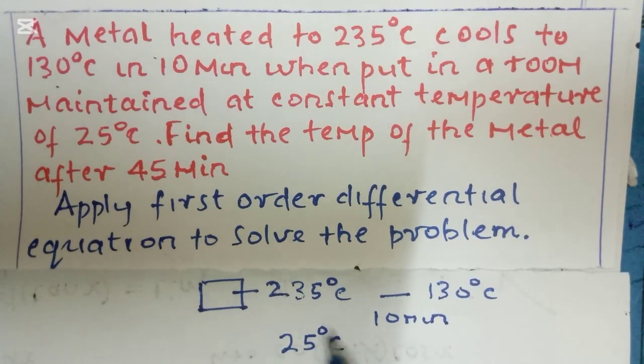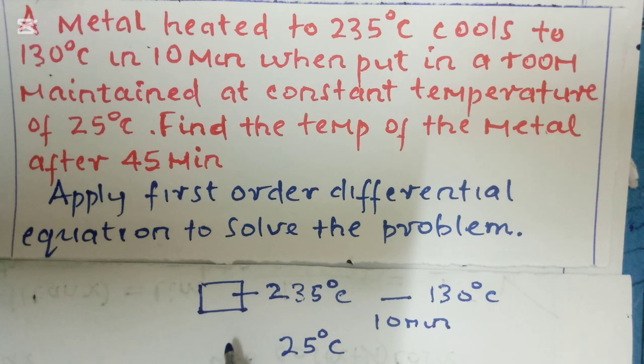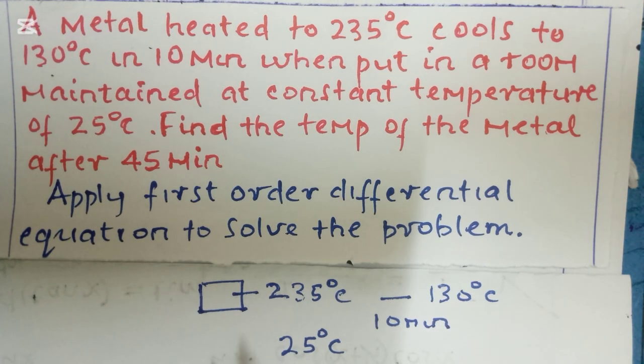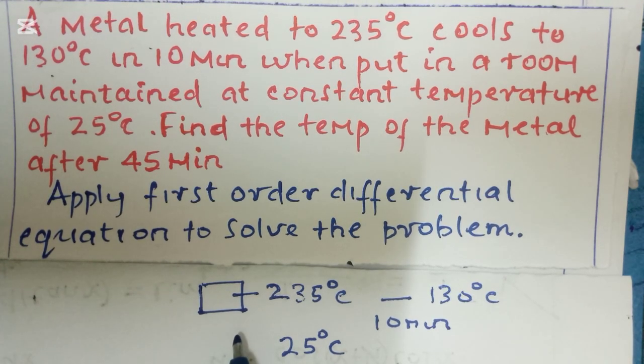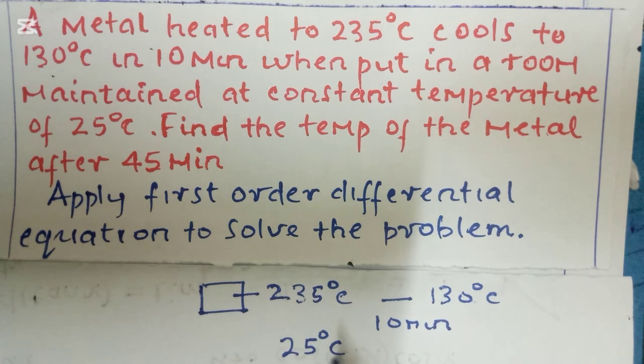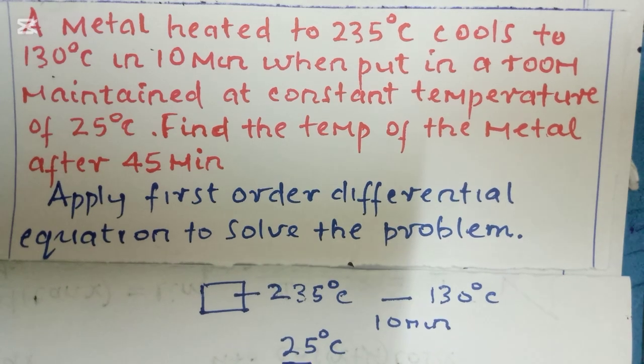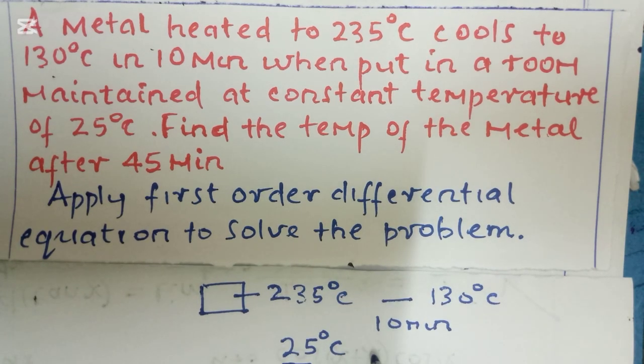So now guys, what happens is that this metal, because it's left in the open, will continue to lose heat. After 10 minutes it is now 130 degrees centigrade, and it will continue to lose heat until it becomes the same as the room temperature. That takes time.